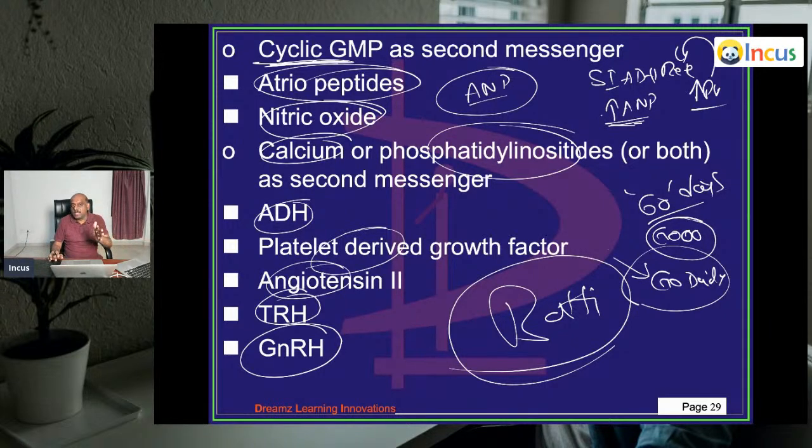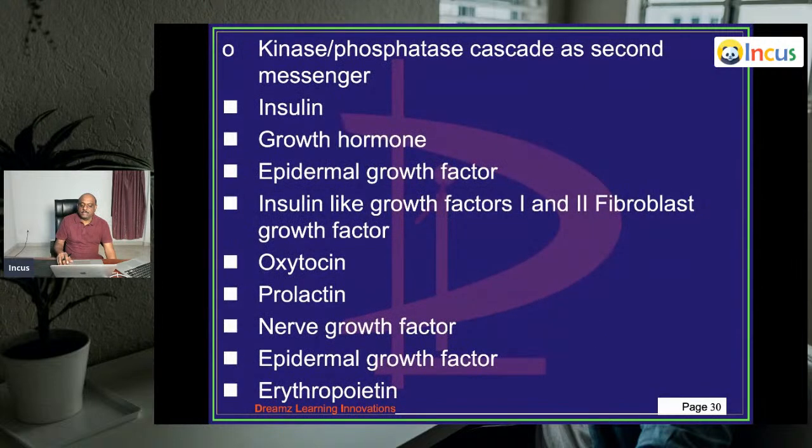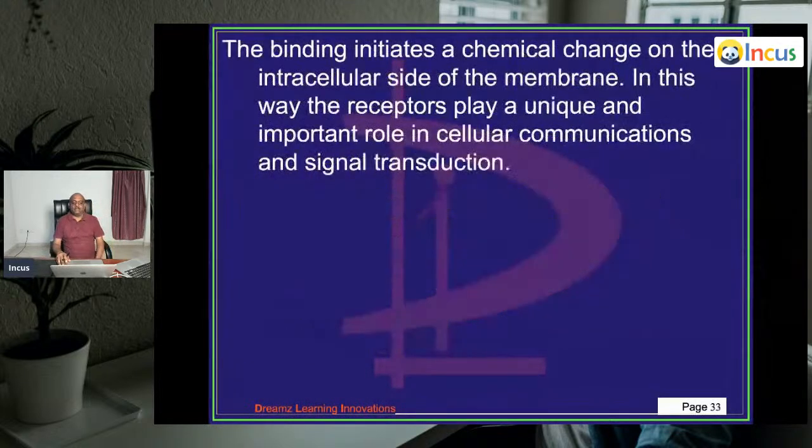In the last 60 days, take a test of 6,000 most probable MCQs, listen to the discussion, take the test, listen to the discussion, finished, automatically the seat will come, right? So that's a plan. Similarly, kinase cascade for insulin, growth hormone, etc. So I leave the literature for you, doctor.